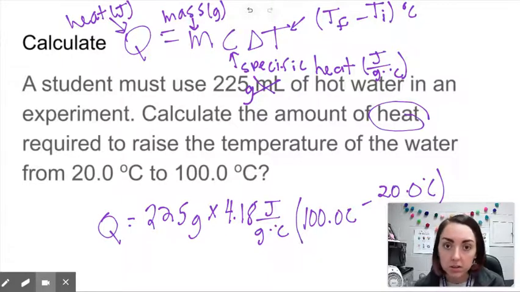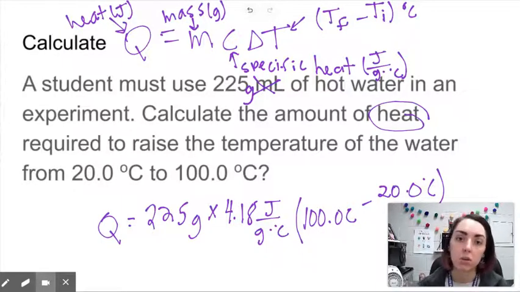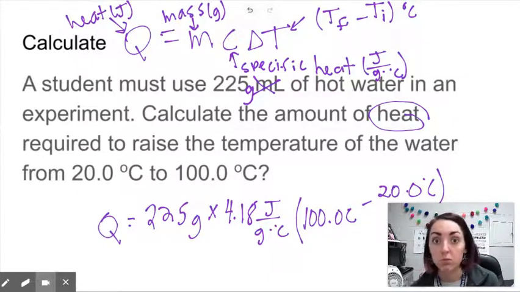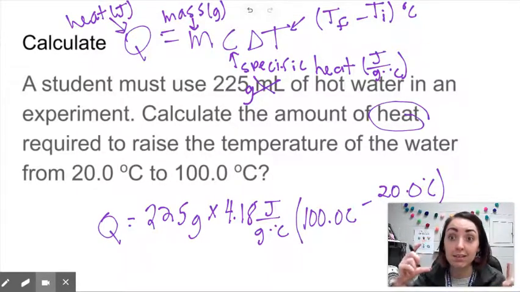And so from here, I'm just going to put this in my calculator, and I'm just going to make sure that I do keep those temperatures in parentheses when I put them in my calculator. Otherwise, my order of operations is going to be all kinds of messed up because we know we do multiplication before we do subtraction. So just make sure you keep that delta T in parentheses when you put it in your calculator.